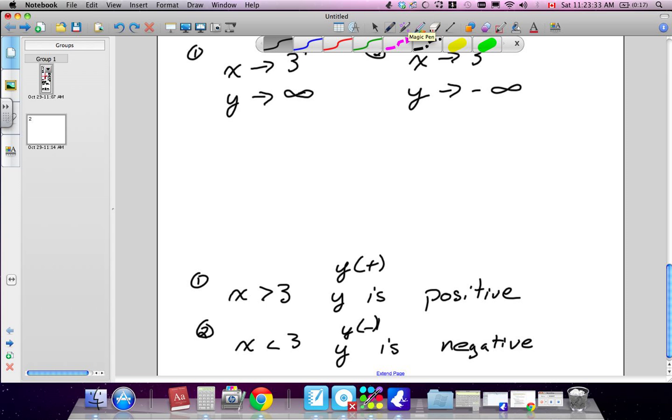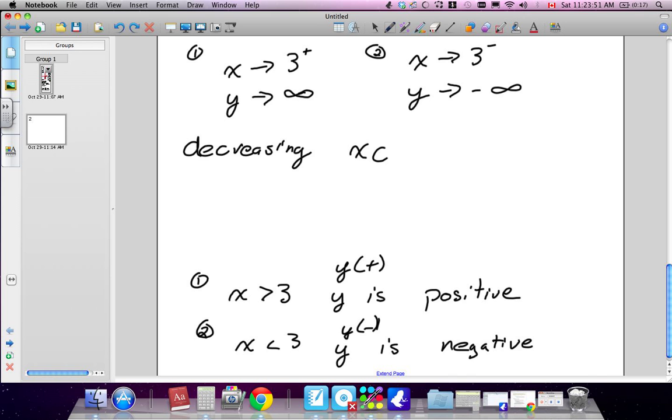No. It is increase. So in this case, we are decreasing. So decreasing from x. So when we're moving along the x-axis, we're decreasing from negative infinity to 2.